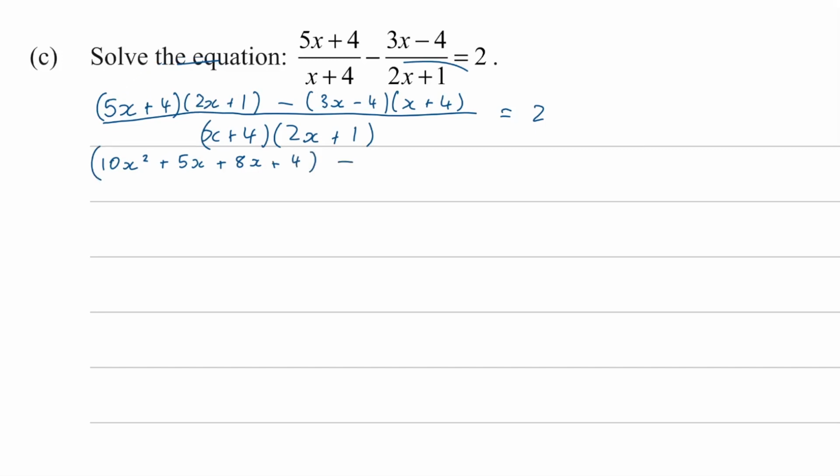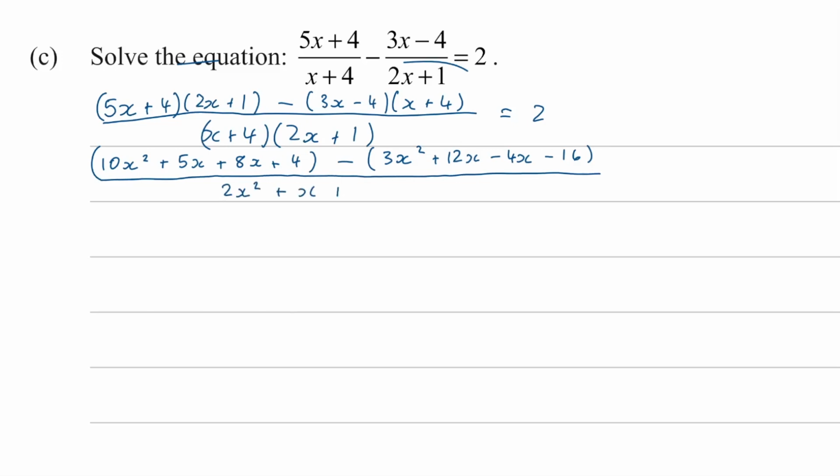And then we minus the next expanded quadratic, so 3x times x, 3x squared, 3x times plus 4 plus 12x, minus 4 times x minus 4x, minus 4 times positive 4 minus 16. This is all over x times 2x, 2x squared, x times 1 plus x, 4 times 2x plus 8x, 4 times 1 plus 4.